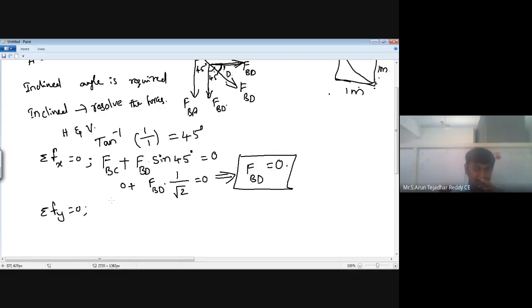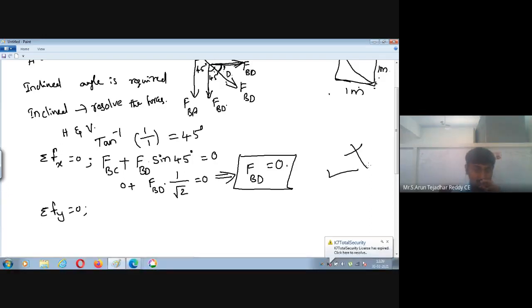Sigma Fy is not required basically, but once we'll do sigma Fy also. Why? Because in the sigma Fy also we will get FBD is equal to 0, then our problem is correct. Otherwise, it is wrong.